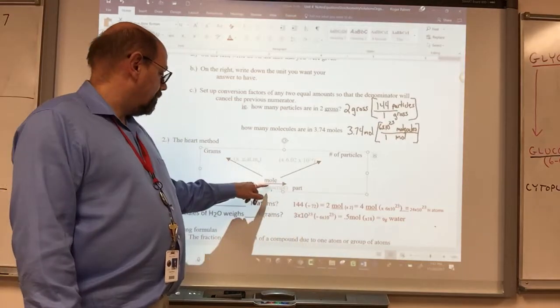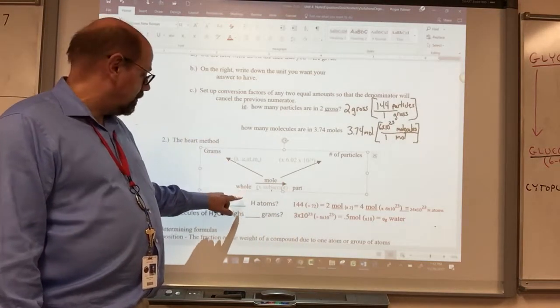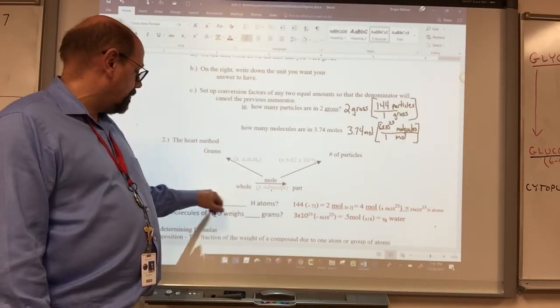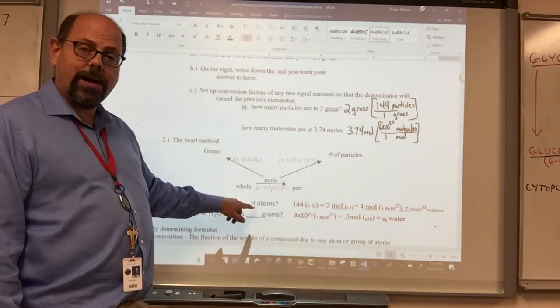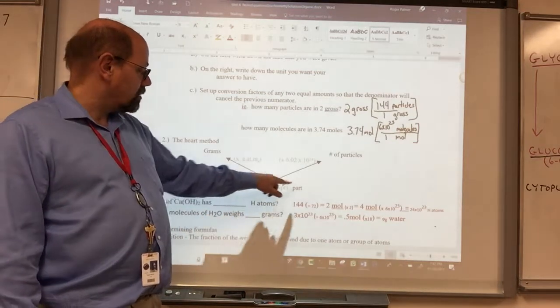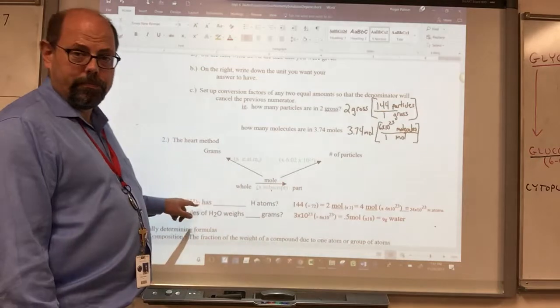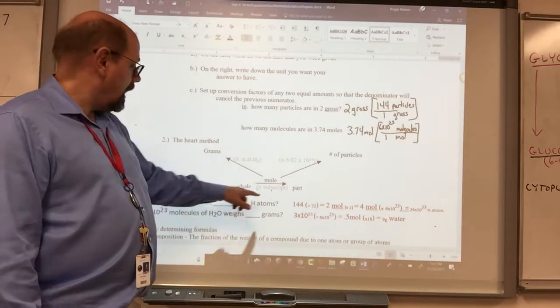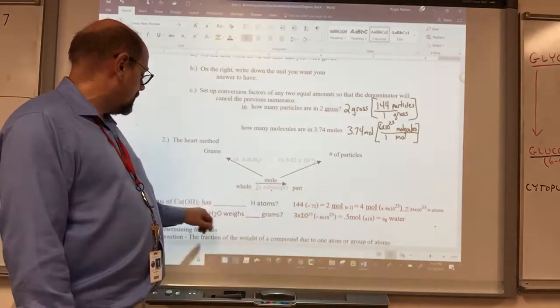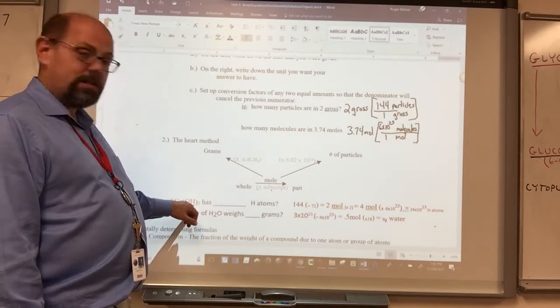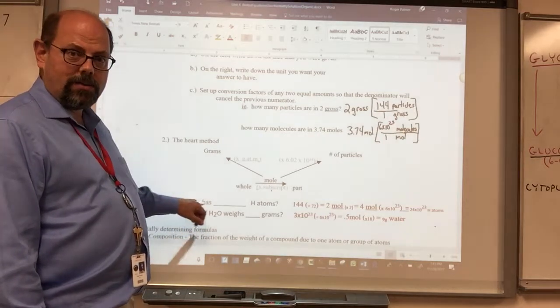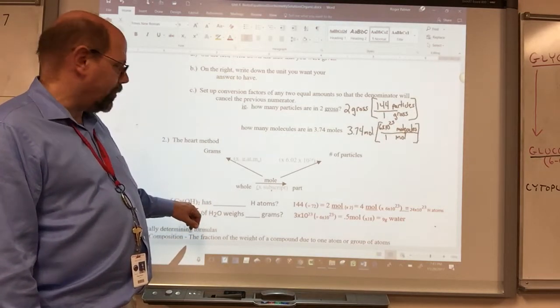Now, I'm down here at moles, but I have the whole compound of calcium hydroxide, but it's asking for hydrogen atoms. So if I want to get to just part of the molecule, part of the Ca(OH)2, I need to get over here and I have to multiply it by whatever the subscripts are. And remember, if there's a subscript inside and a subscript on the outside, you've got to multiply by both of them.